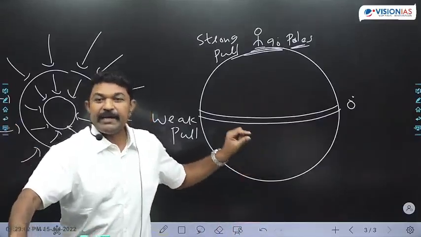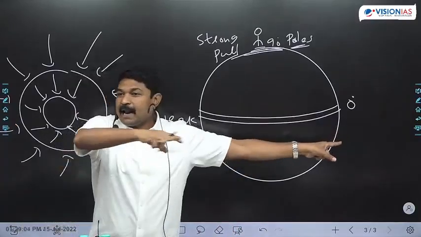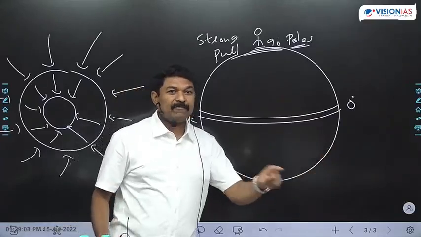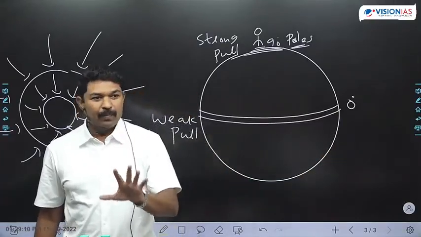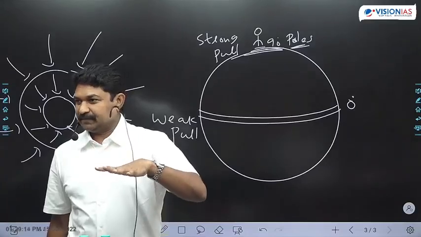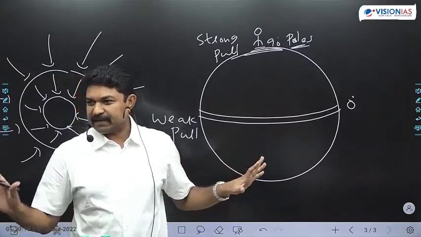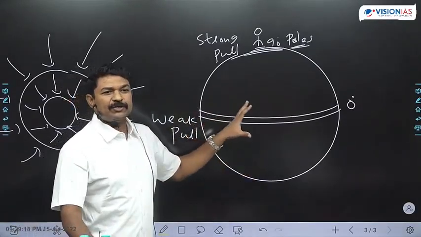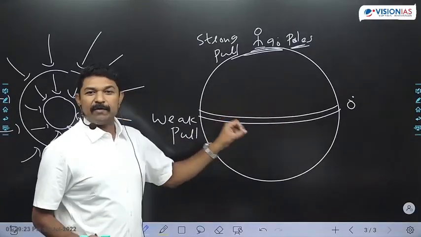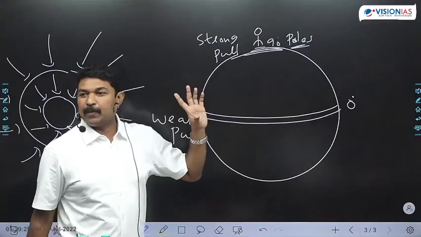Whenever you share the energy over the entire larger area, the intensity of the energy on each piece of land will be low. This is called gravity difference. Normally, the gravity should be equal everywhere, but it is weak over the equator and strong over the polar region.